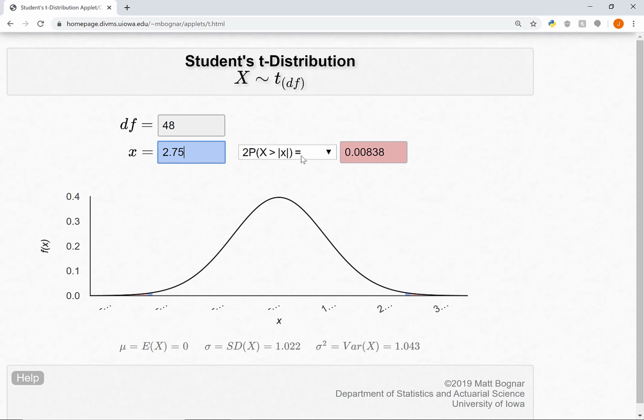Selecting this option finds the collective outside area regardless if your test statistic is positive or negative. This gave us that p-value that we were looking for. And it turns out that area is 0.00838 or 0.838%. Now that we have our p-value, the probability that we were looking for, let's go back to our problem.